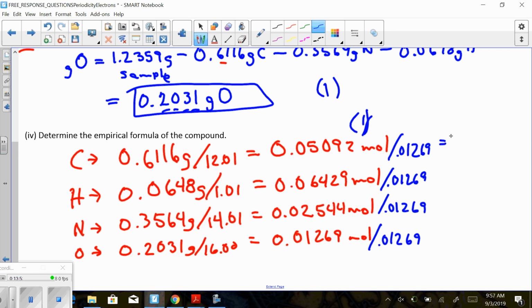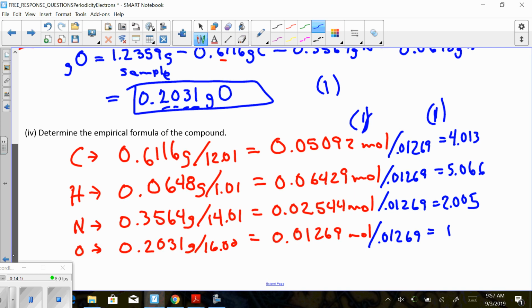So you would get 4.013, 5.066, 2.005, and 1. Okay. And so you got 1 point here for dividing by the smallest number of moles. And then the last point is for finding the ratio or writing the empirical formula consistent with all your other answers. So if your empirical formula is wrong, that's fine. It just has to be consistent with these answers.